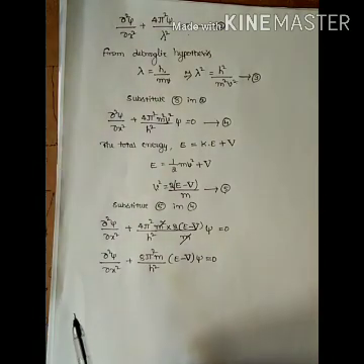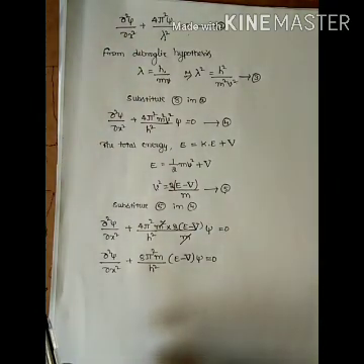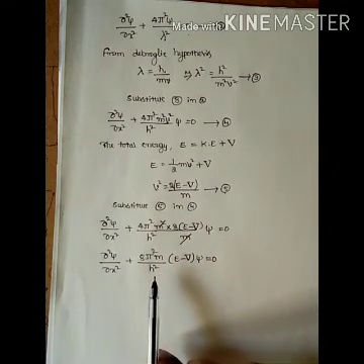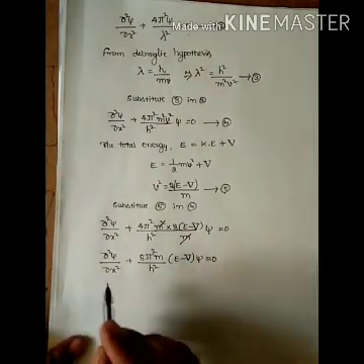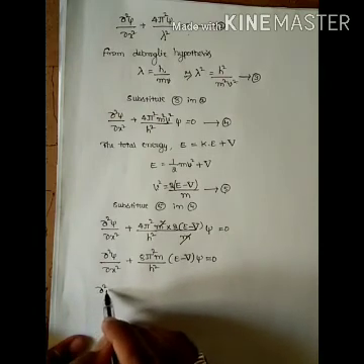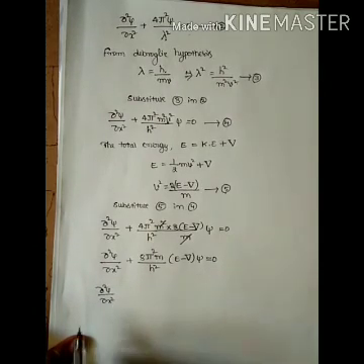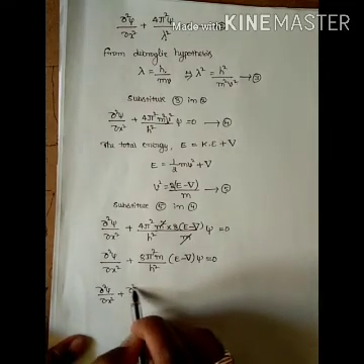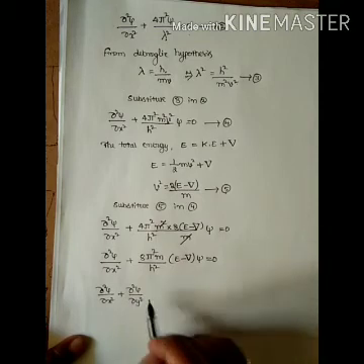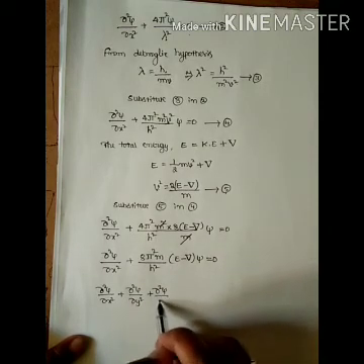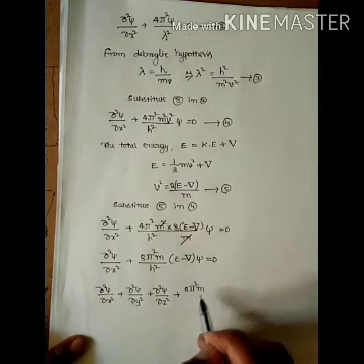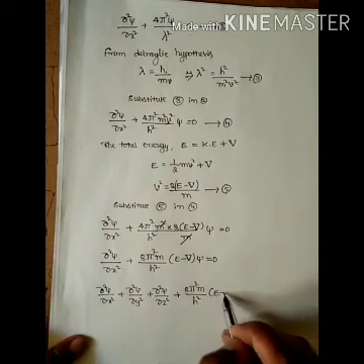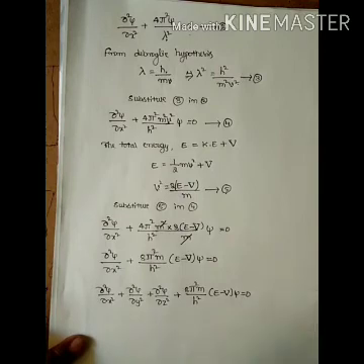But since we said the moving particle, such as an electron, will always be revolving around the nucleus in all the 3 dimensions, the one-dimensional expression we have obtained can be extended to all the 3 dimensions, so the equation can be written as dou square psi by dou x square for the x axis and dou square psi by dou y square for the y axis, dou square psi by dou z square for the z axis, and 8 pi square m by h square into E minus V of psi is equal to 0.